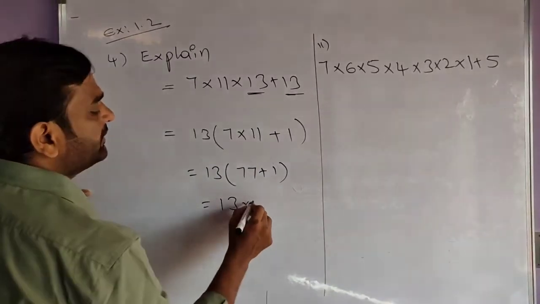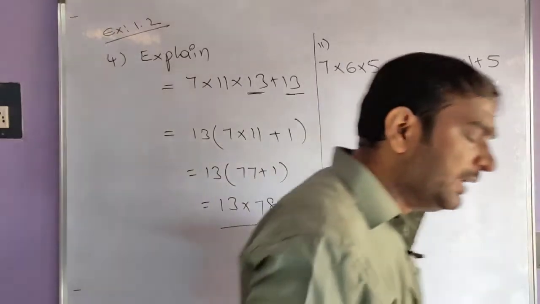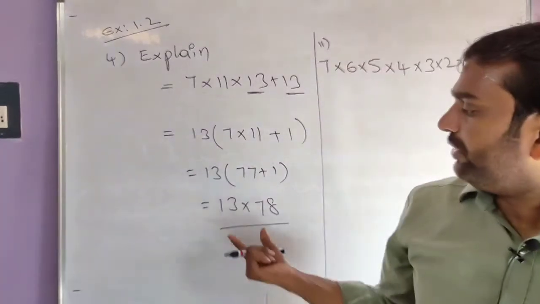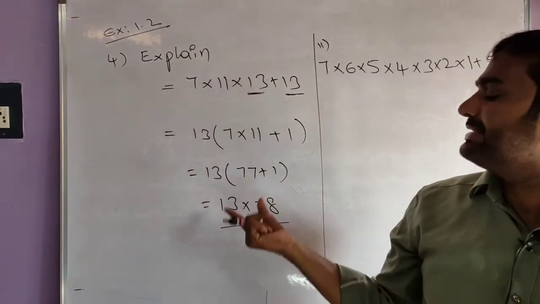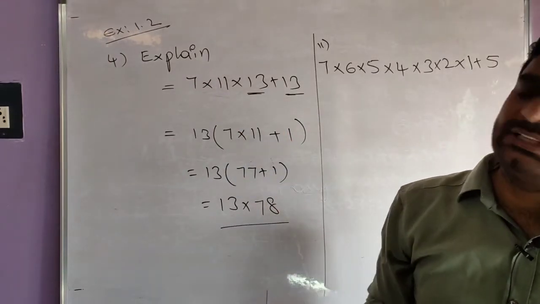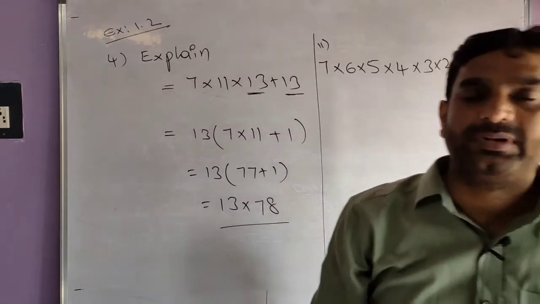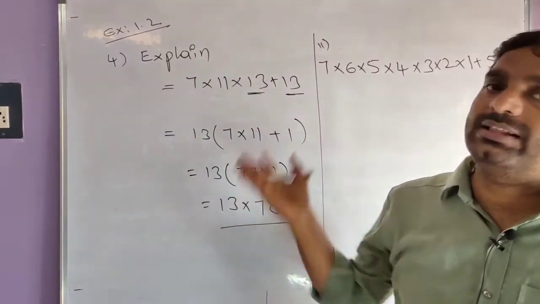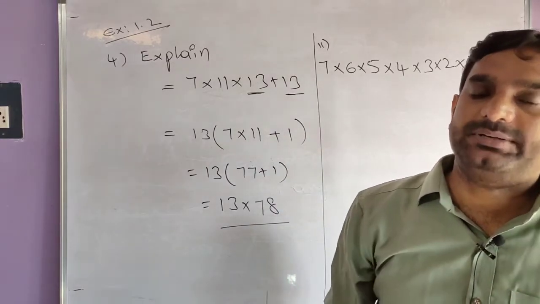Nothing but 13 into 78. Here we got 13 into 78. If a number can be written as the product of two numbers, here 13 and 78 are the factors of the given number. If it has factors, then that is a composite number. It's not a prime number.